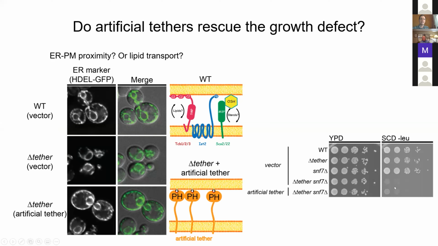And what I found was that it had little to no effect on the growth of the delta tether SNF7 strain. And this indicates that these tethers, we always call them tethers, but they have more function than just tethering. It indicates to me that the potential lipid transport activity of these proteins is what's important for the synthetic lethality seen when SNF7 is deleted in this strain.